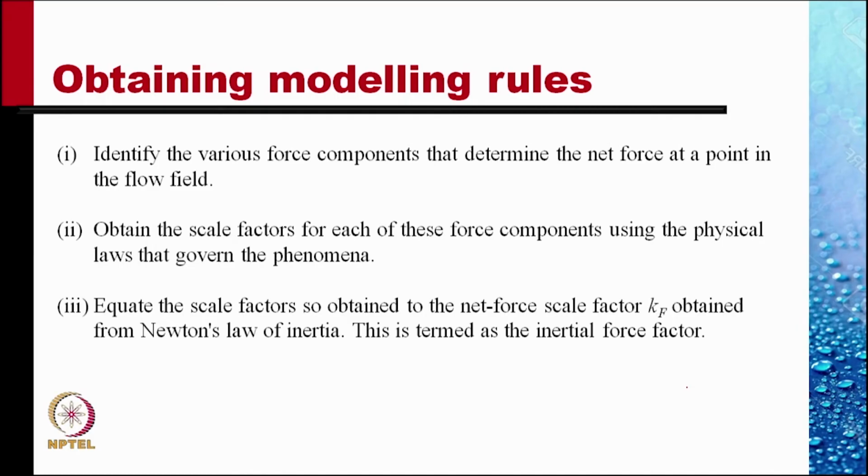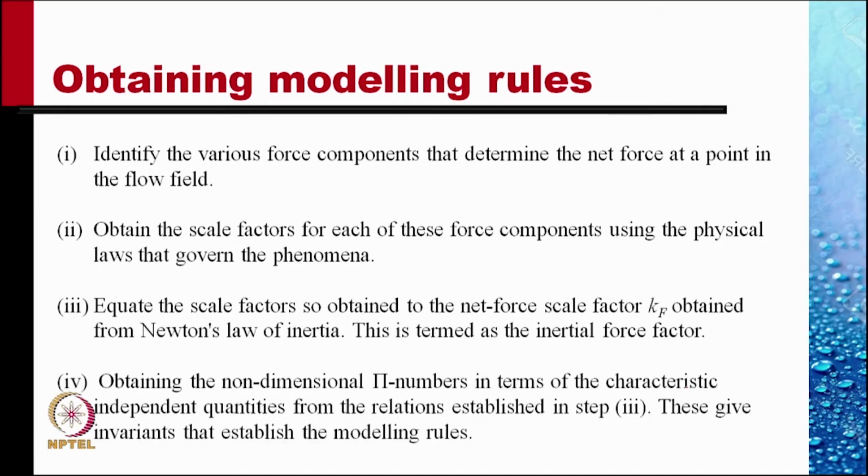This last is termed as the inertial force factor. And then obtaining the non-dimensional pi numbers in terms of the characteristic independent quantities from the relations established in the step above. These give invariants, the pi numbers that establish the modeling rules.